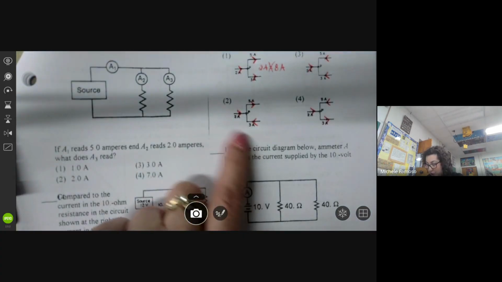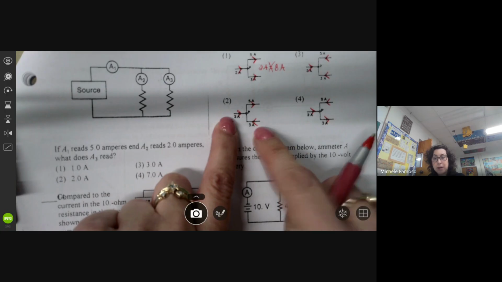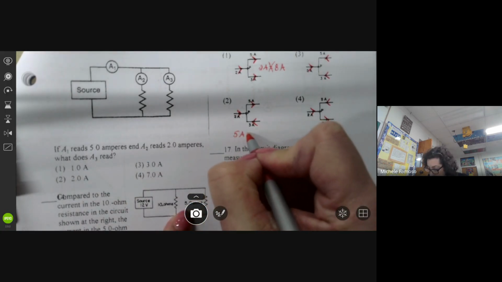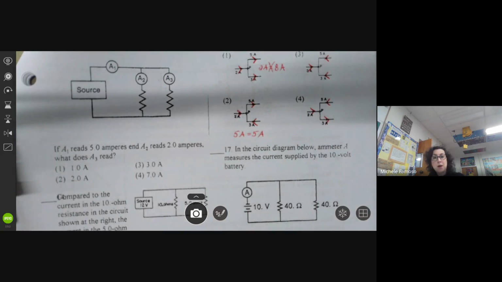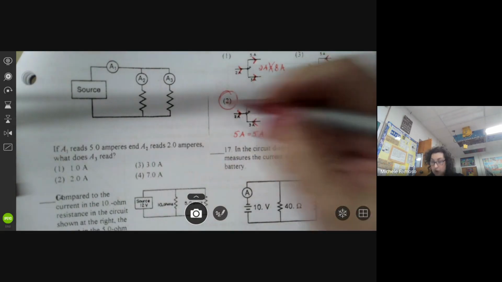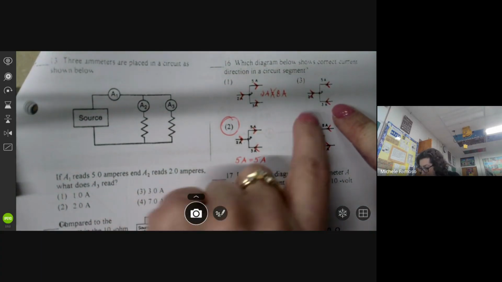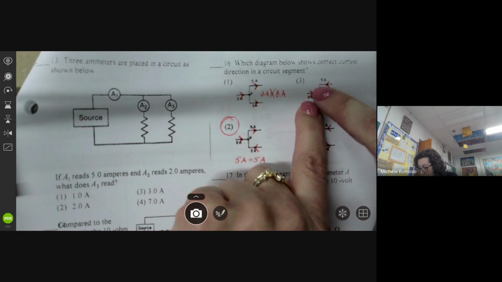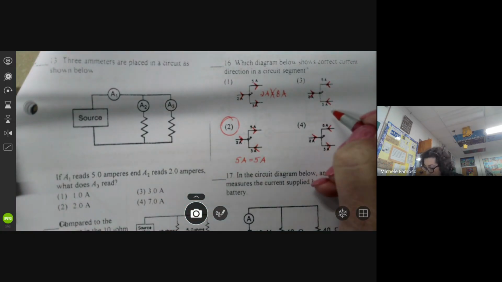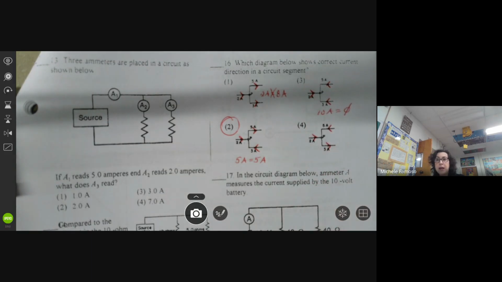In number 2, I see 2 and 3 amps going in. That is 5 amps. And I see 5 amps coming out. So 2 is the correct choice. If I look at number 3, I see all 3 of these going in. So that is a total of 10 amps going in and nothing coming out. That can't be.